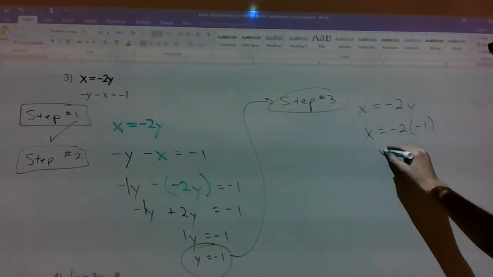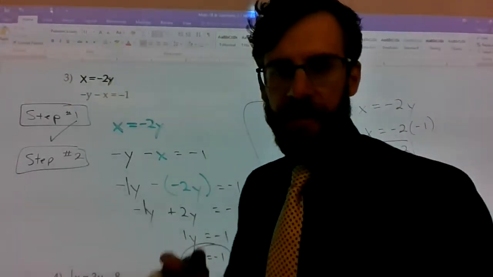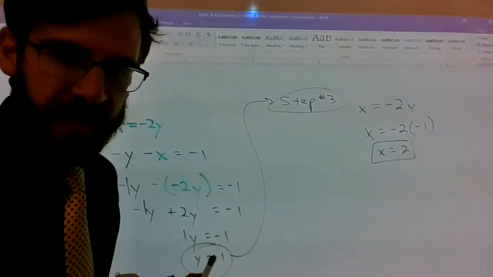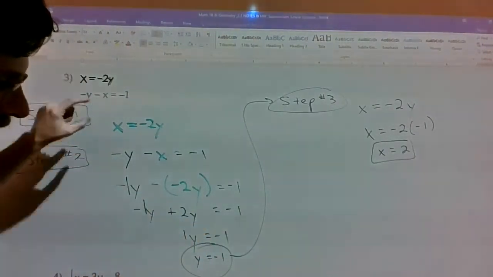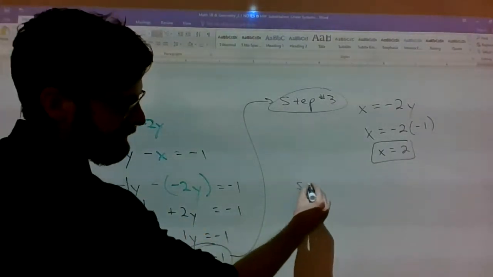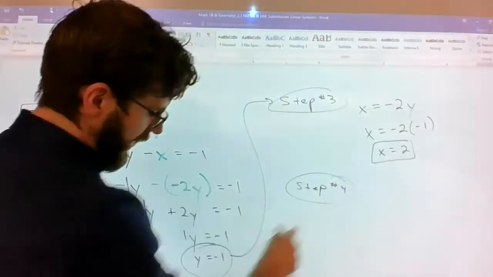And that's positive 2. So I've got x equals 2. I've got y equals negative 1. Our two lines that we did not graph intersect at, step 4, the ordered pair, 2, comma, negative 1.